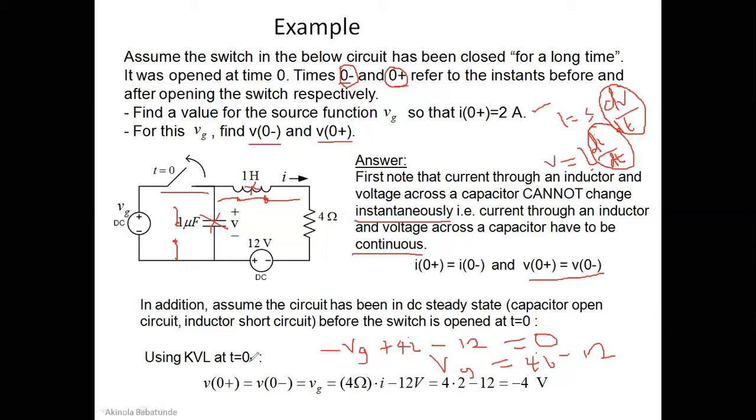So at t equal to 0 minus, our I of 0 minus also will be equal to 2 amperes because they would be the same based on this particular explanation we gave. So this becomes 4 multiplied by 2, that is 8. 8 minus 12 will give us minus 4 volts. So you find out our VG will just be equal to minus 4 volts, just like we have obtained here.